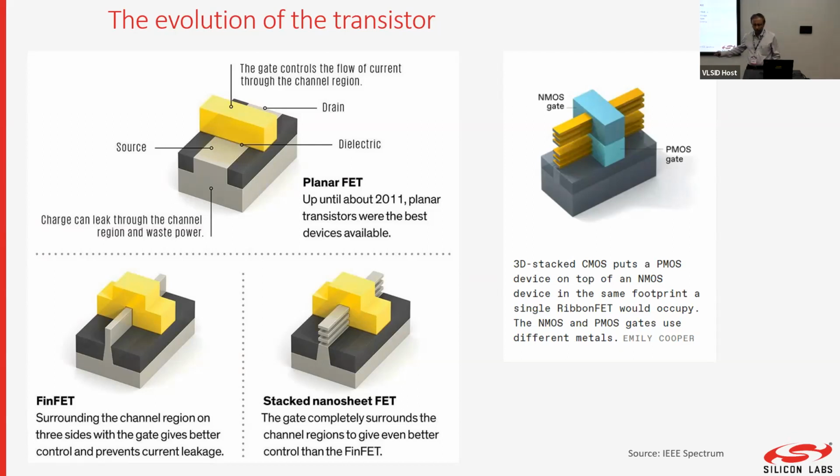That was called a FinFET, and it became so popular that it's all over the place. A version of that is called a stacked nanosheet FET, where you have lots of them so that the gate goes all around. Here you have only 3 sides; there you have all 4 sides.